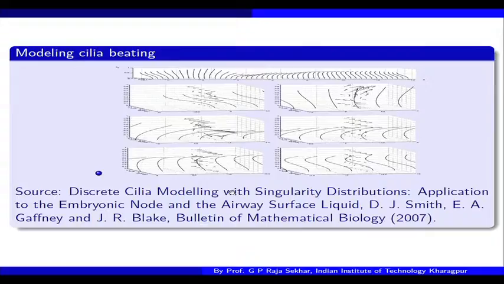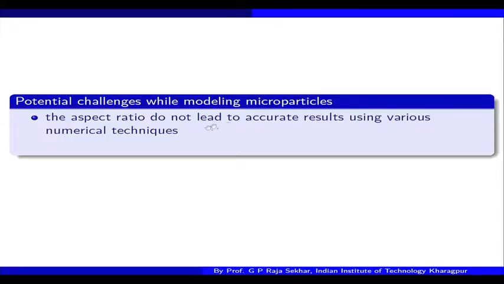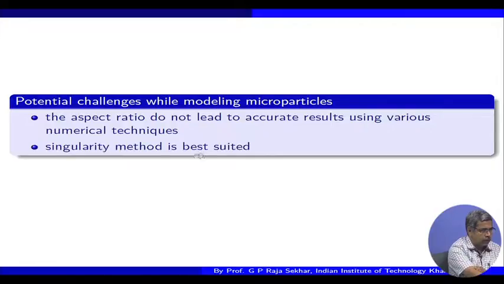Now the issue is, what are the challenges in modeling such things? As I indicated, the aspect ratio does not lead to accurate results using various numerical techniques. Therefore, the singularity method is best suited. What is so great about the singularity method? The technique is as follows.